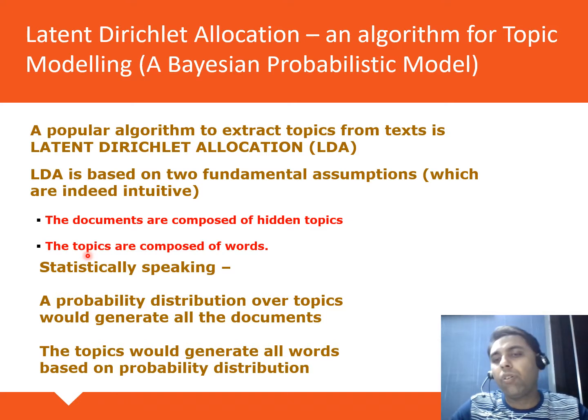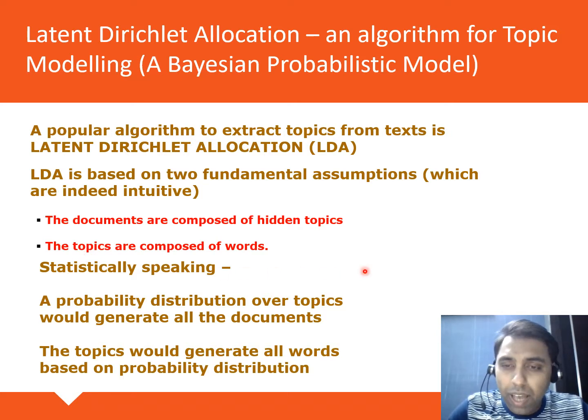The topics are not always visible, but if you analyze the text, you can figure out what the topics are. And the topics are also composed of words, and just like the topics are distinct from each other, the words present in each of the topics will also be distinct, which is not to say that they will be completely non-overlapping. There will be words present across multiple topics as well.